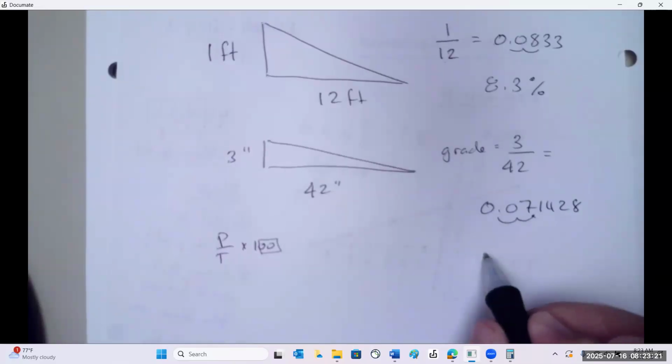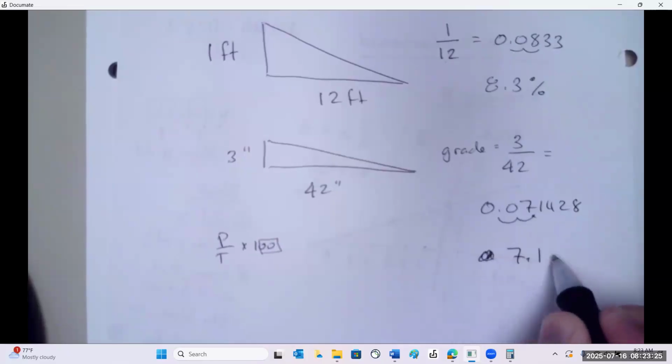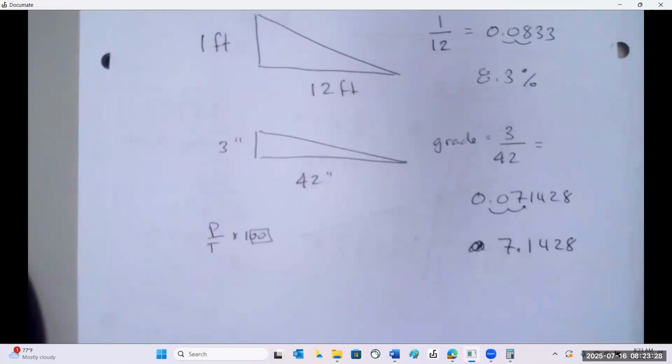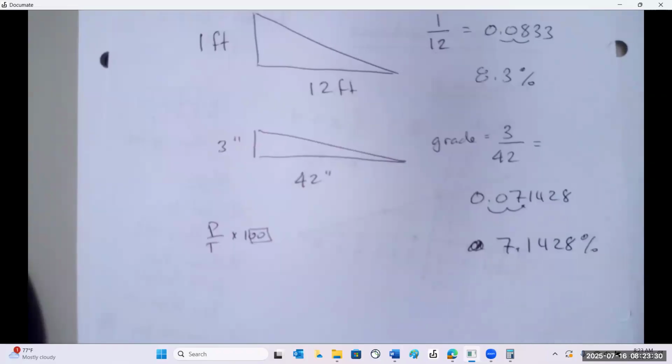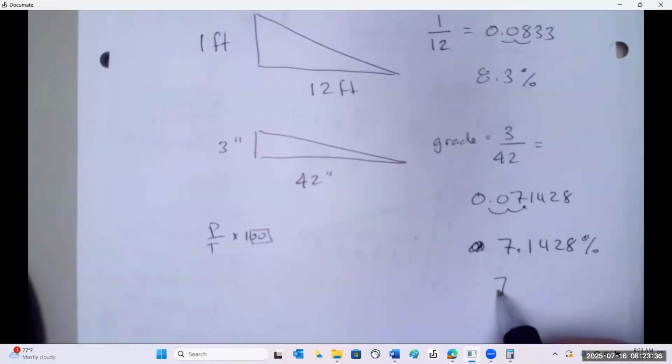So this becomes 7.1428%. It's very difficult to make it that accurate. So typically what we do, we'll just stop on some cases at 1 decimal place.